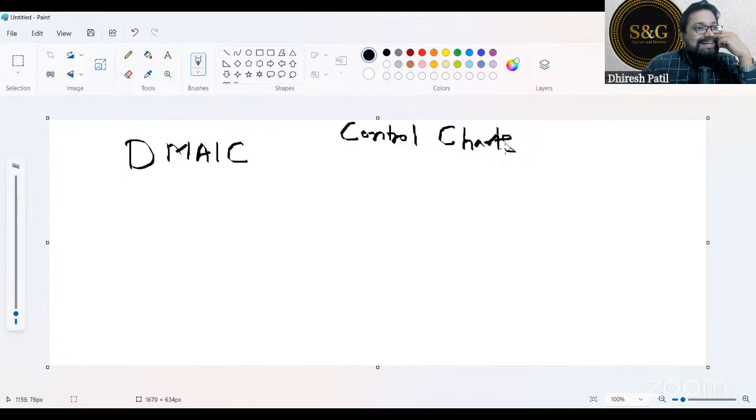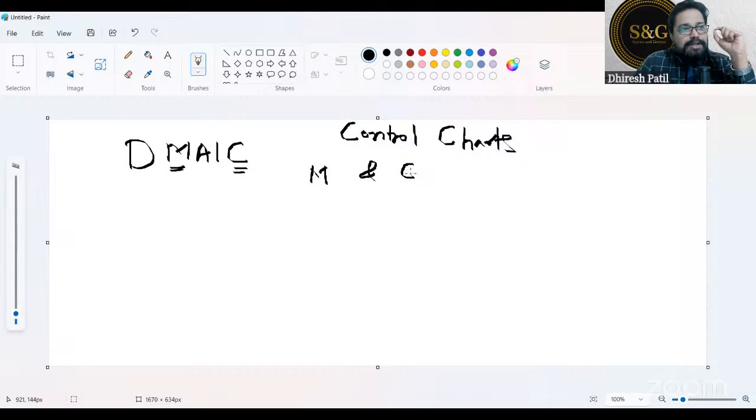Very nice. So control chart is obviously in the control phase, but apart from that, the first time we use it is actually the measure phase. So we use control charts in the measure and control phases.